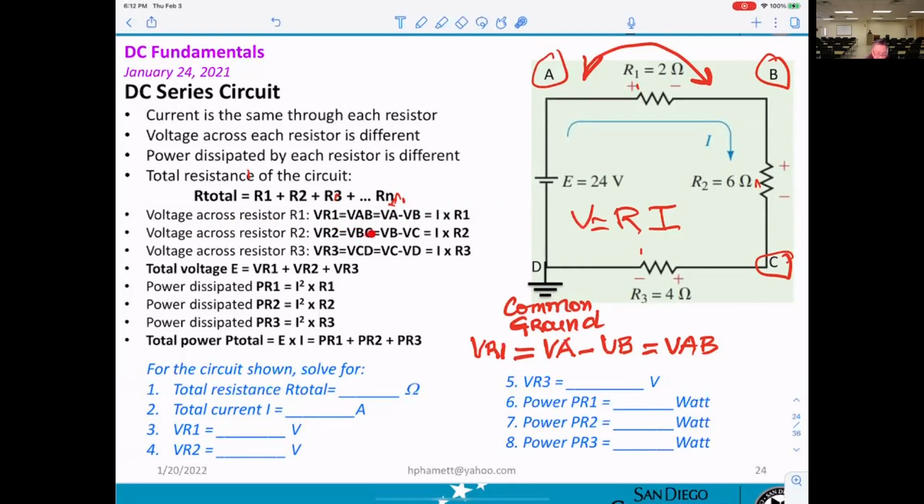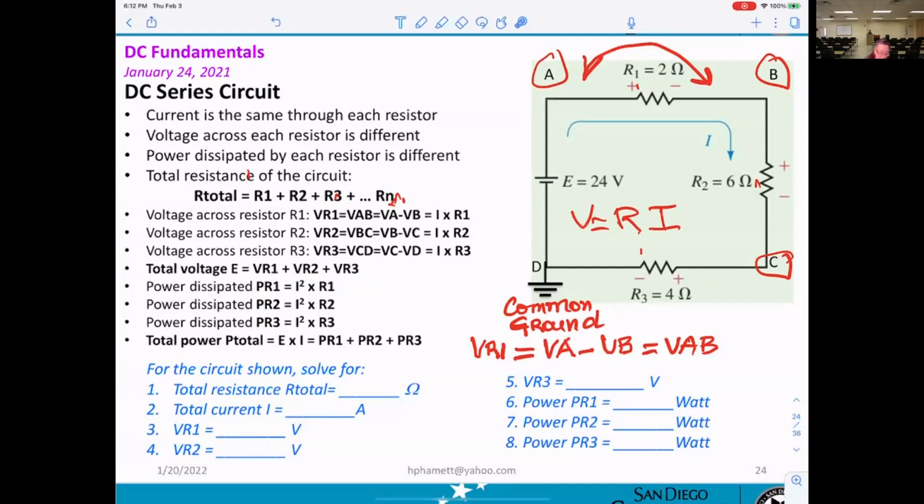The same for VR2 and VR3. After your calculation, the total voltage must equal the total drop across each resistor.